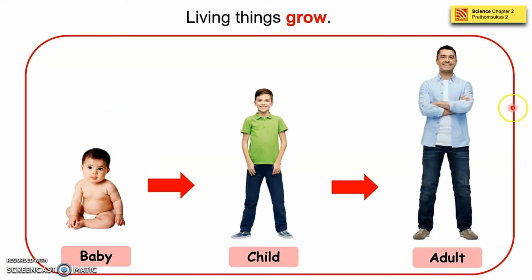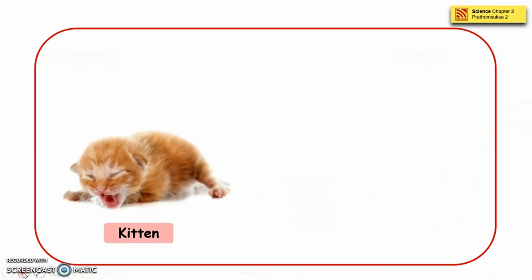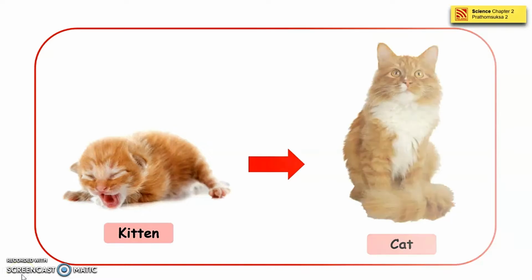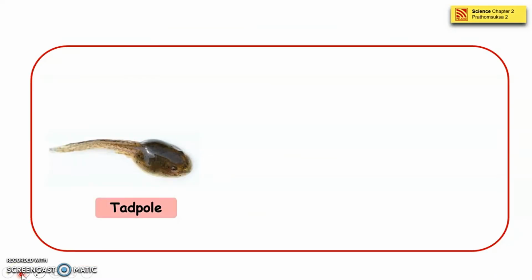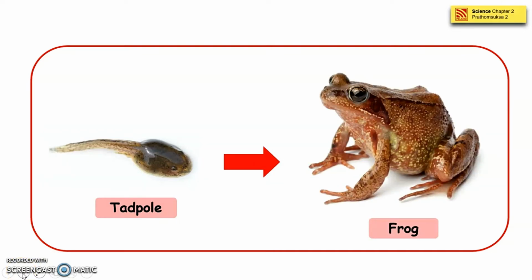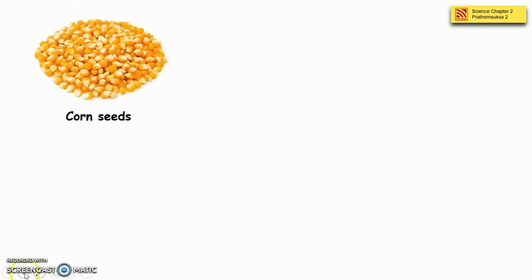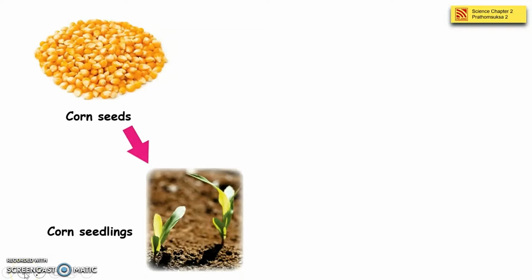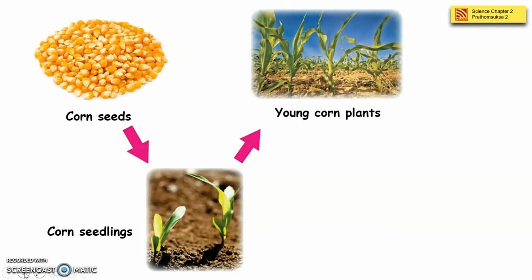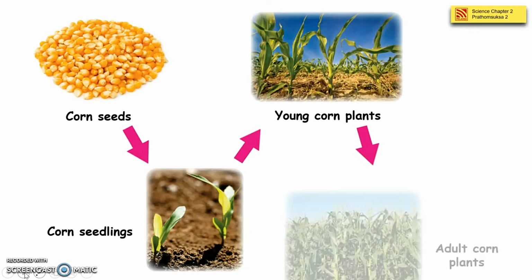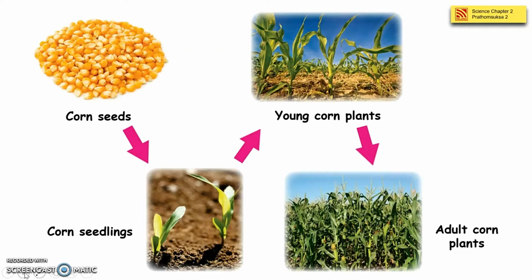A kitten becomes an adult cat, a tadpole becomes a frog. What else? A corn seed becomes a corn seedling, and then it will become a young corn plant and an adult corn plant.